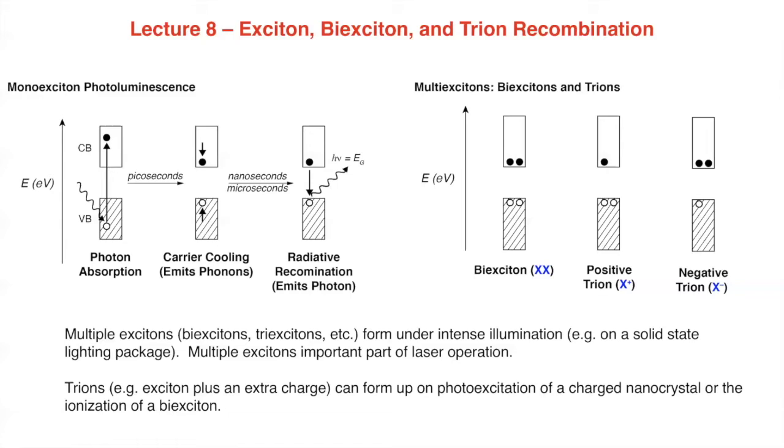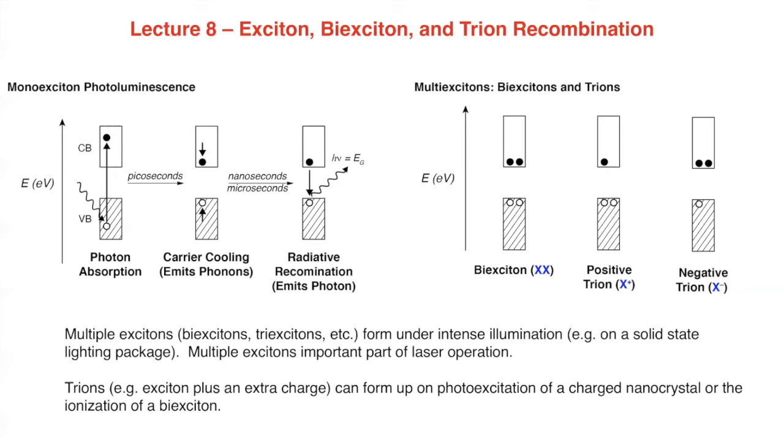In a laser, if you have a bunch of emitters, what you're trying to do is to get the number of emitters in the excited state higher than the number in the ground state, which is what's called population inversion. And under those kinds of conditions, the concentration of excited states is really high, and it becomes very common to form biexcitons.